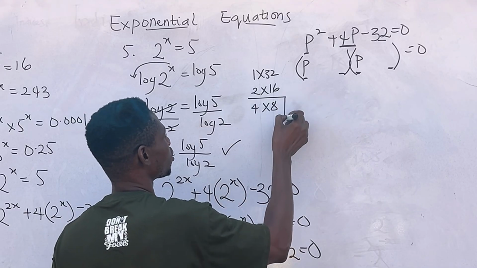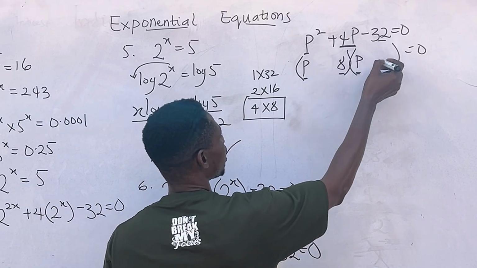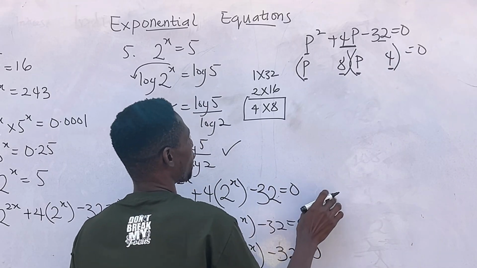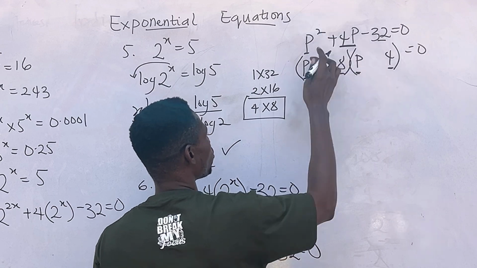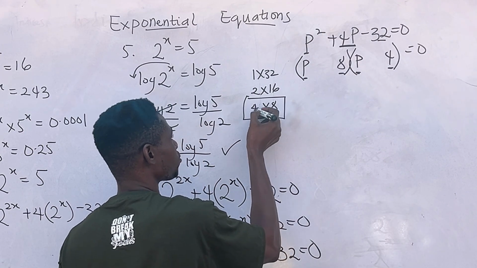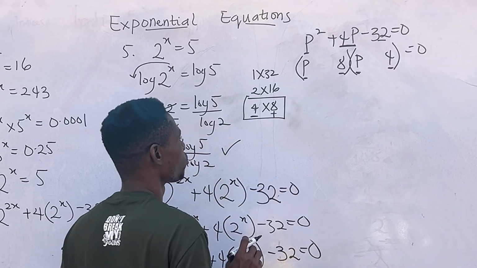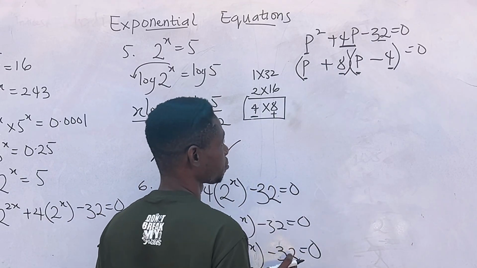So we need 8 and 4. But how do we add them to give us positive 4? We are going to need positive 8 and negative 4. So 8 minus 4 will give us positive 4. So positive 8, negative 4.